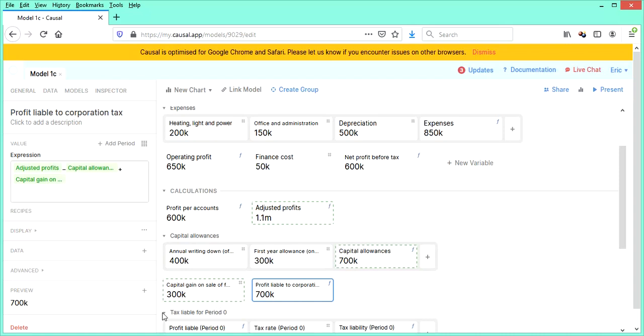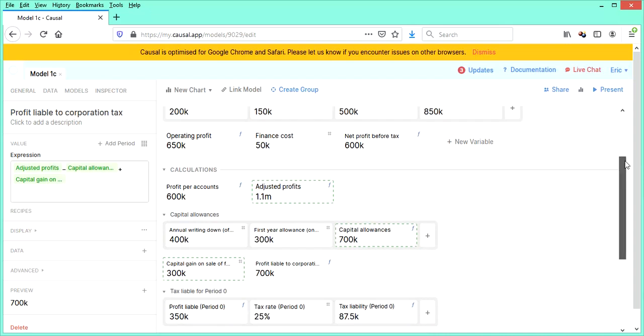Now, the company's financial year spans 2 tax years. So we have to split up the profits so that we can apply the correct rate of tax. 6 months of the company's financial year took place in one period and 6 months in another period.